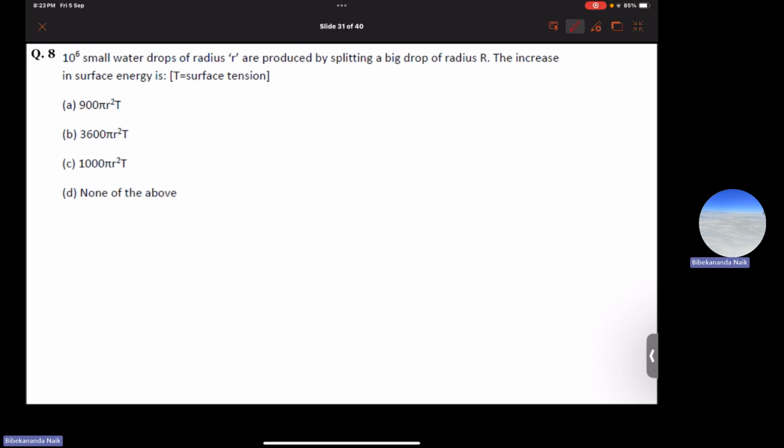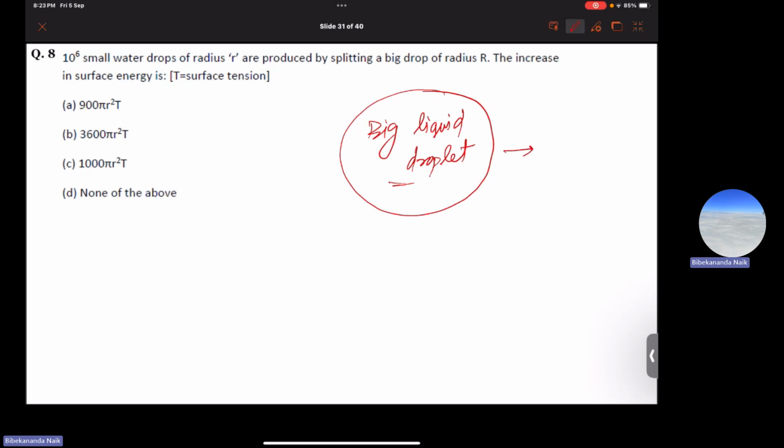So what the question says, there was a big liquid droplet. Suppose this is the big liquid droplet, and it gets split into 10 to the power 6 small water drops.